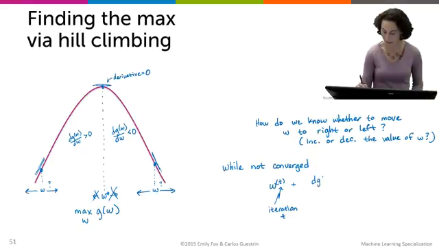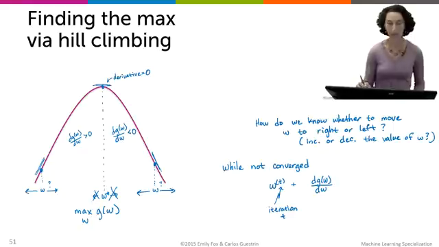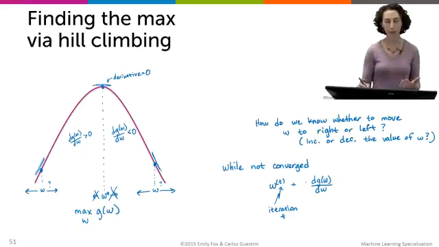So if the derivative of the function is positive, I'm going to be increasing w, and if the derivative is negative, I'm going to be decreasing w, and that's exactly what I want to be doing.